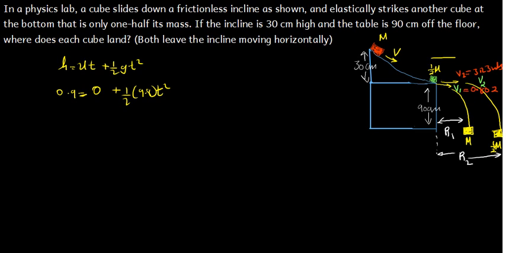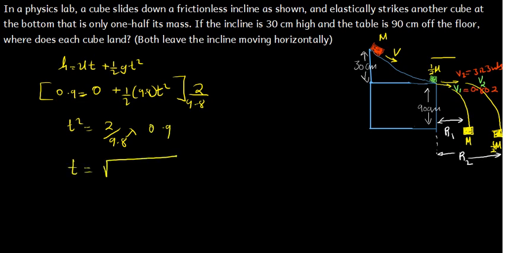So that is going to give us t squared being equal to, what I'll do is I'll multiply everything by 2 so that this 2 cancels also, and then divide by 9.8 so that this 9.8 cancels out. So that is going to give me 2 over 9.8, and this is going to multiply with this value which is here 0.9. For me to remain with t, I'm going to square root.